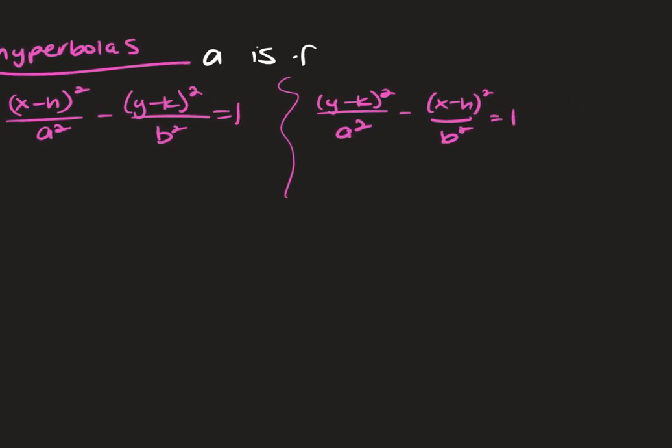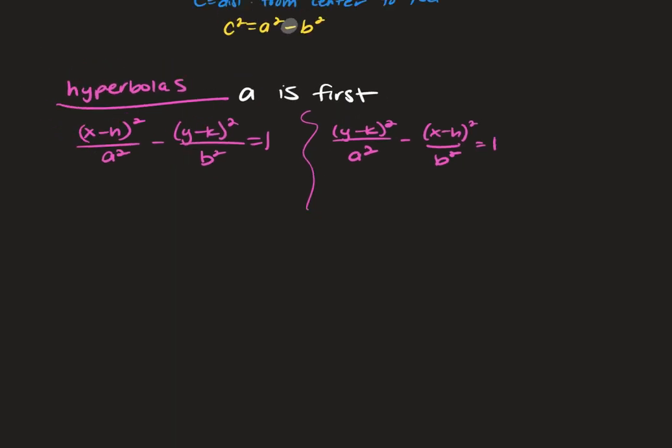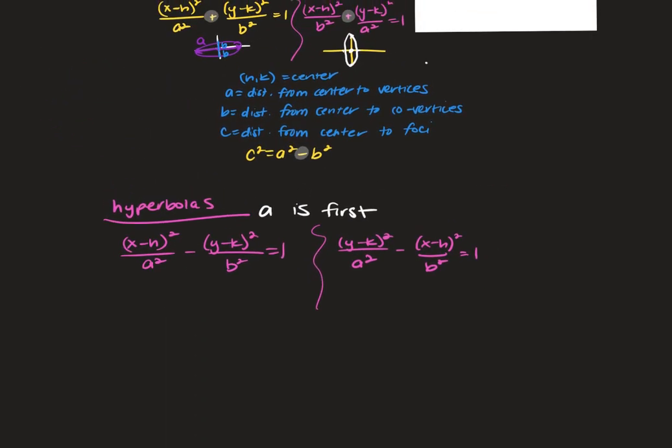A is first. All the relationships between A, the center, and what A, B, and C are, are all the same. So all of this is the same.